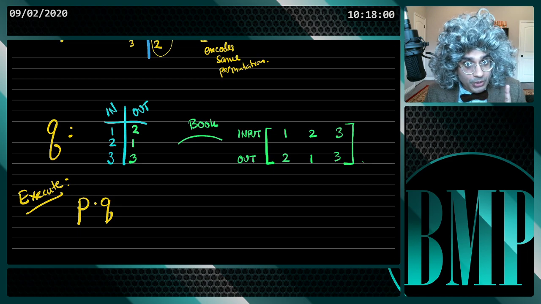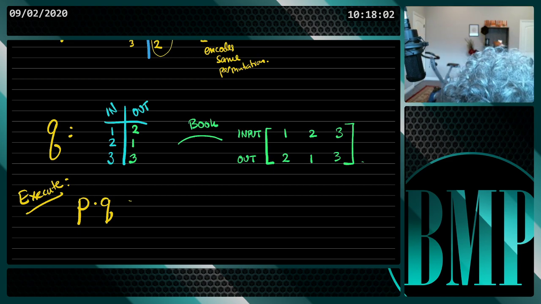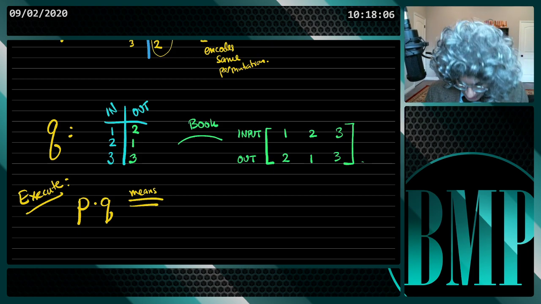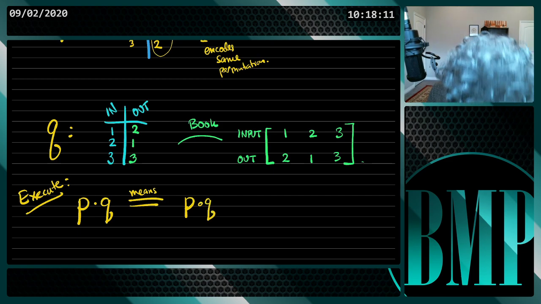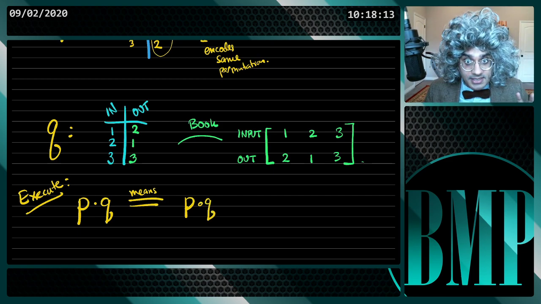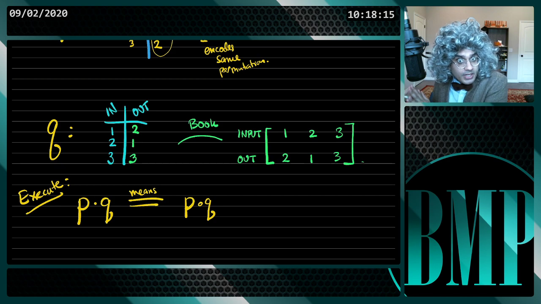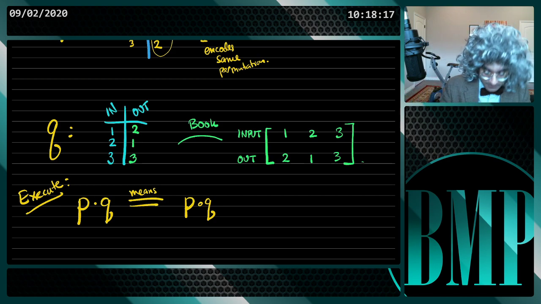P times Q means the composite function P circle Q, which is first do Q, then do P.